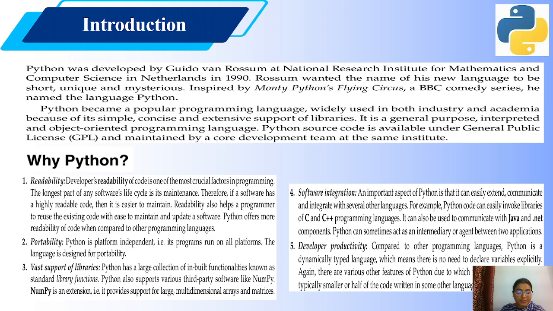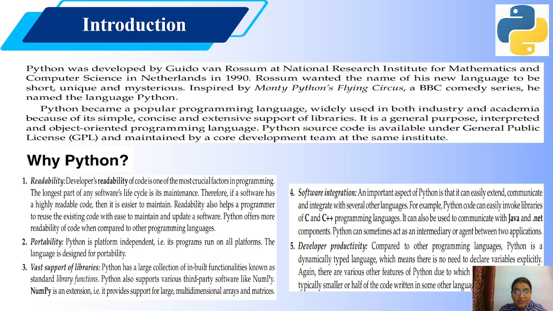So I'm just here to give you the main features of Python. Of course, it is a general purpose, interpreted, and object oriented programming language, and is widely used, especially when it comes to analysis of the data.